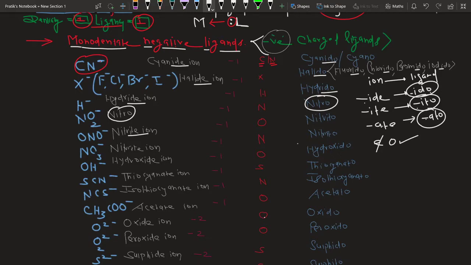Nitrite, if you see, it is nitrito. Nitrate, nitrato. Hydroxide, hydroxido. Thiocyanate, thiocyanato. Isothiocyanate, isothiocyanato. Acetate, acetato. Oxide, oxido. Peroxide, peroxido. Sulfide, sulfido.